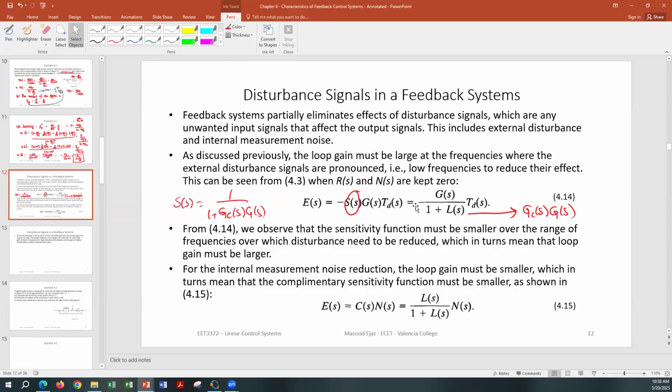At low frequencies, where the external disturbance is more pronounced, you want to make the loop gain larger. And at high frequencies, where the internal noise is more pronounced, you want to make the loop gain smaller. And again, loop gain goes back to the gain of the controller, G_c(s). So you want the controller gain to be larger at low frequencies and smaller at high frequencies.